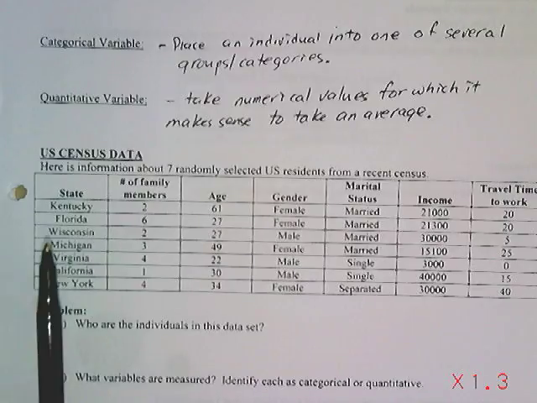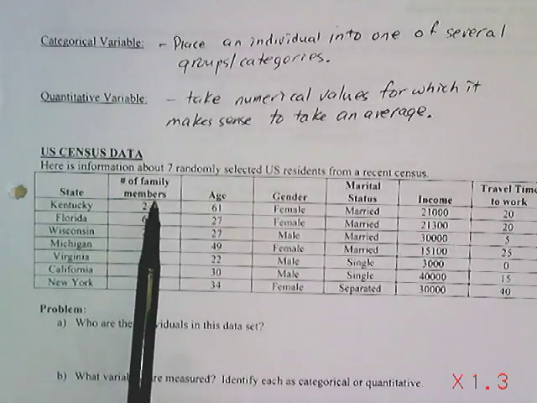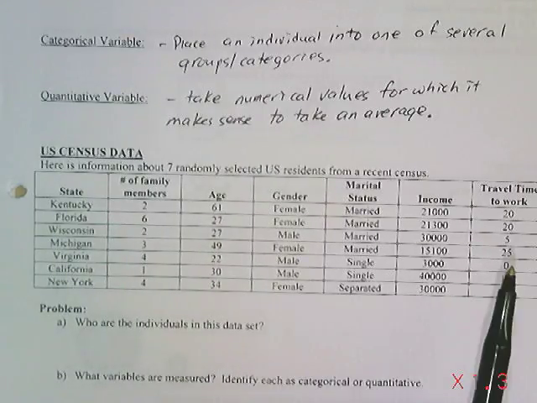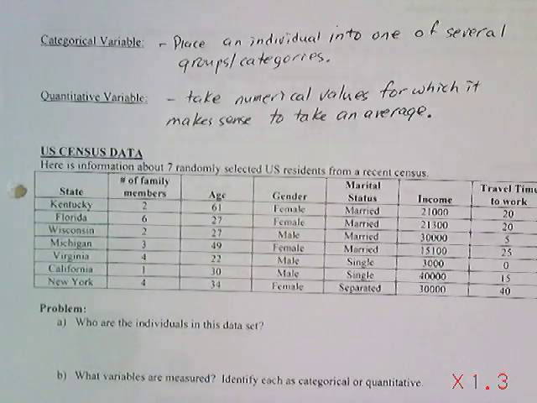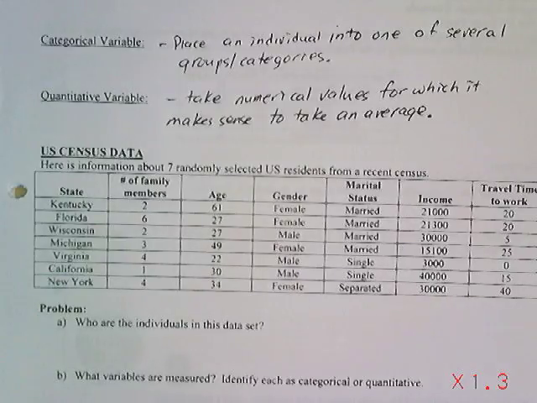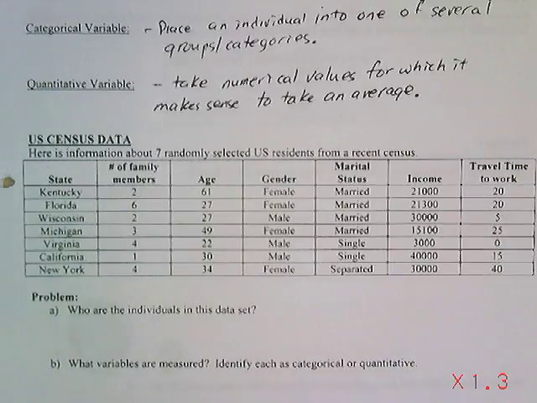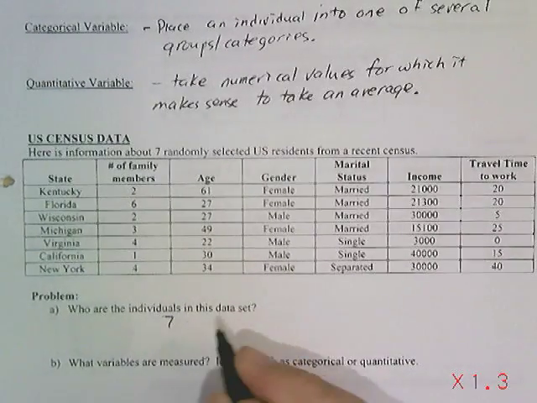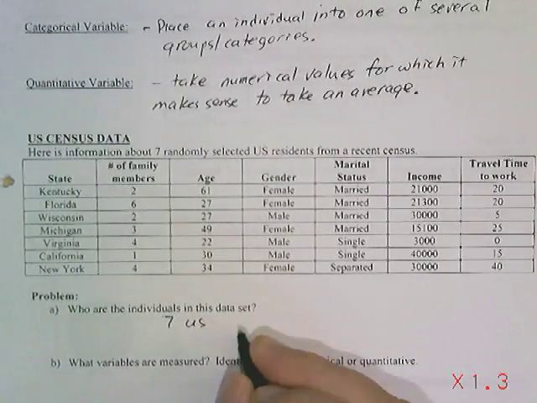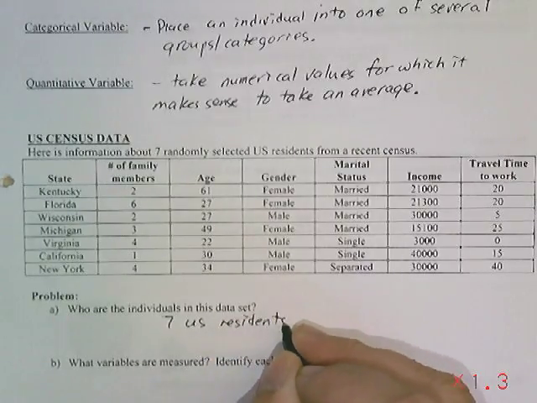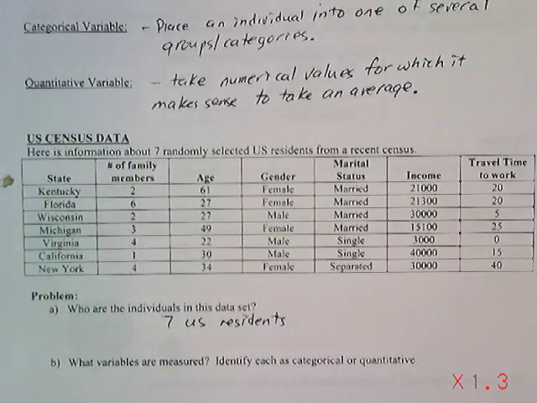Whereas number of family members, age, income, and travel time to work are quantitative. We can take an average of all of those 4. Those are our categorical and quantitative variables. Okay.